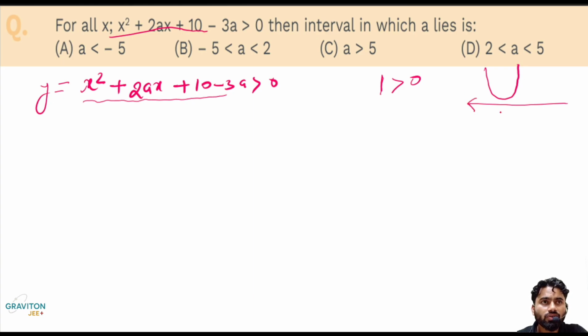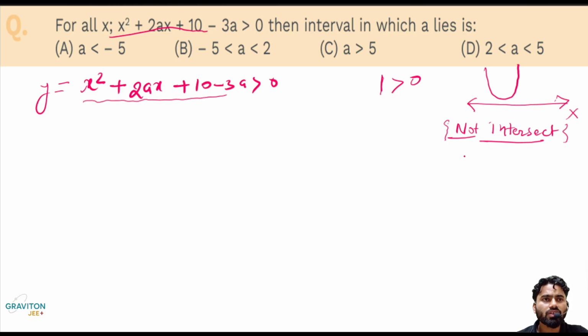If I ask you whether it intersects the x-axis or not, you will say not intersect. Now I ask you, for a parabolic equation which is not intersecting the x-axis, how many roots does this equation have? You will say it does not cut the x-axis, so it has no roots, that means it has no real roots.